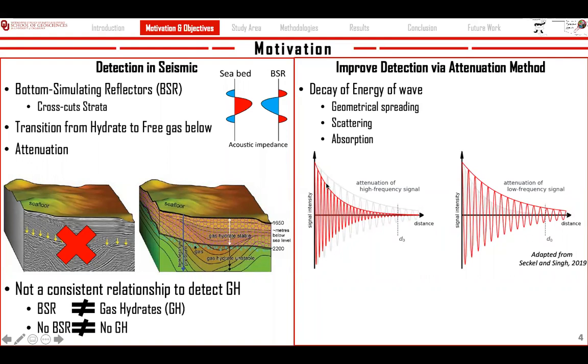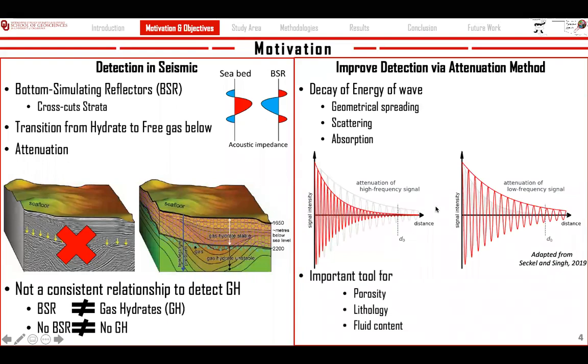Here is a representation of how high frequency signals attenuate much faster than low frequency signals, even at similar distances. This will make a lot more sense as we go along with the presentation. Overall, attenuation is an important tool for identifying pore structure, lithology differences, and even changes in fluid content, such as gas versus solids or water or liquid.